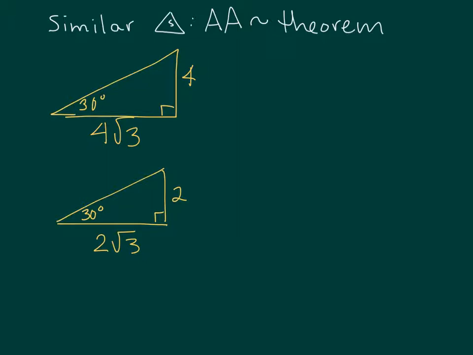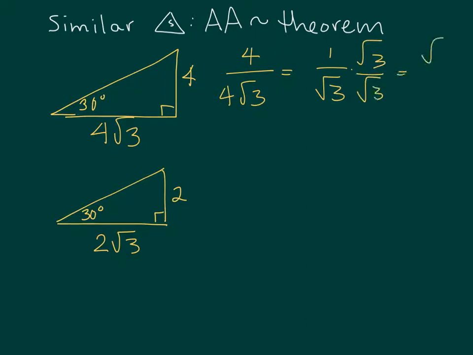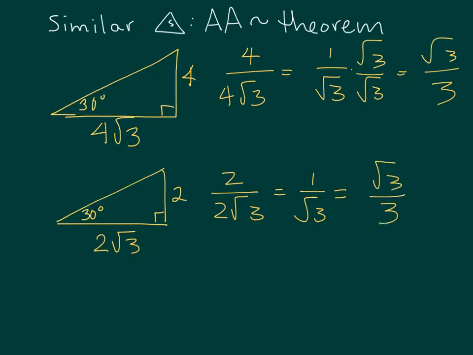So if we want to find the ratio of sides, say smaller leg to longer leg, it is not a surprise that we end up with exactly the same number, right? Shorter leg to longer leg, we end up with square root of 3 over 3, which is to be expected. These two triangles are similar, so it's not a surprise at all.